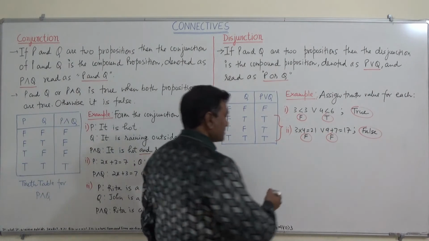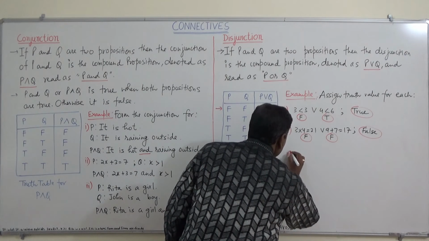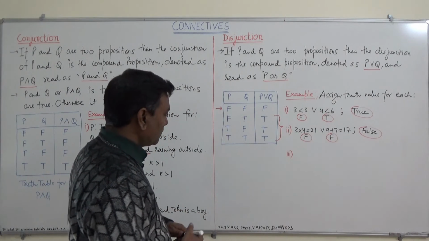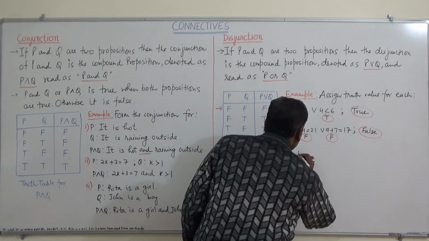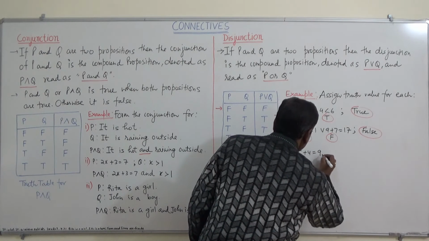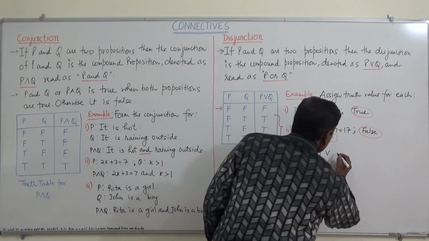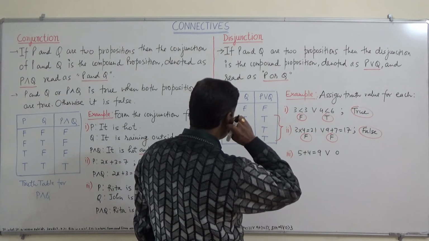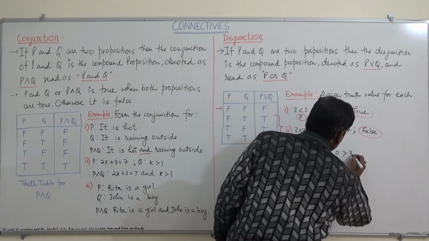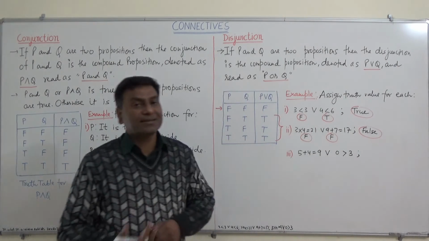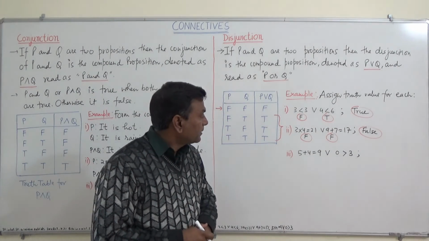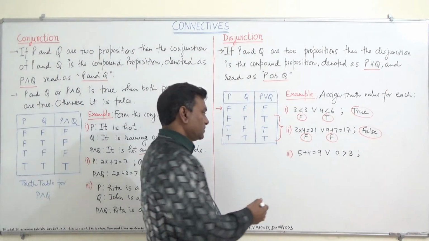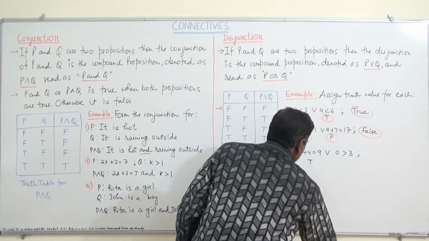And the third case is: 5 plus 4 equals 9, or 0 is greater than 3. Now we have to assign the truth value for this compound proposition. 5 plus 4 is 9, this is true.